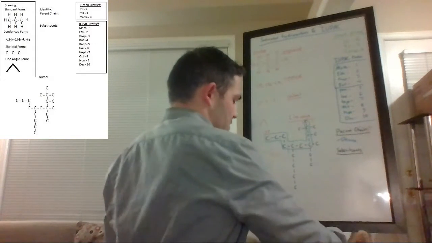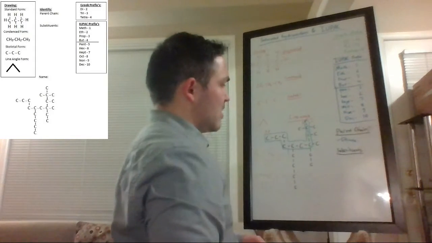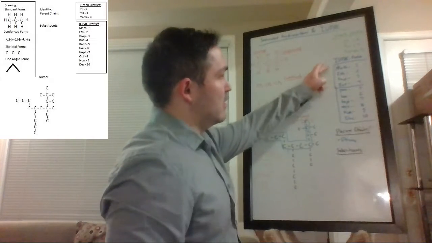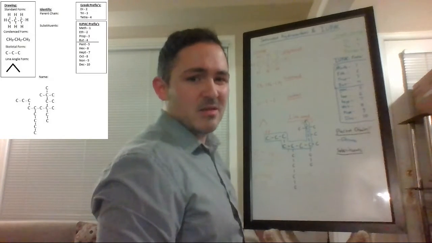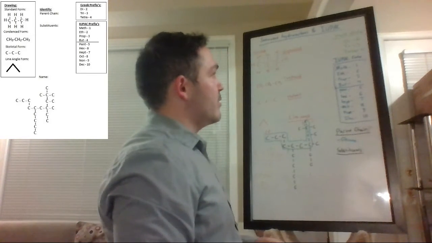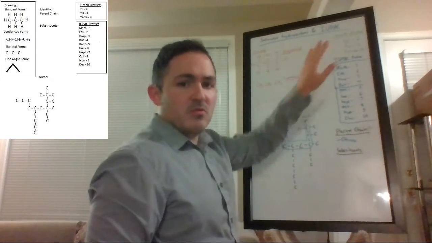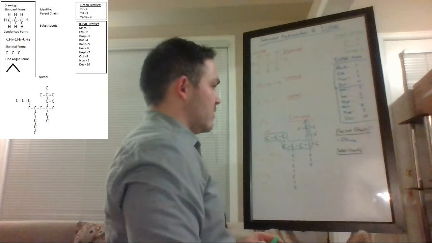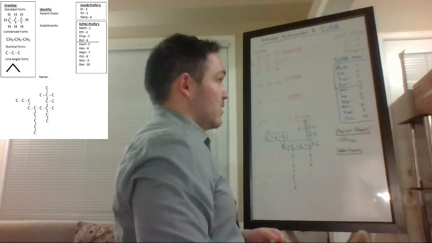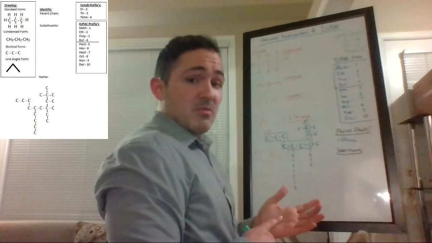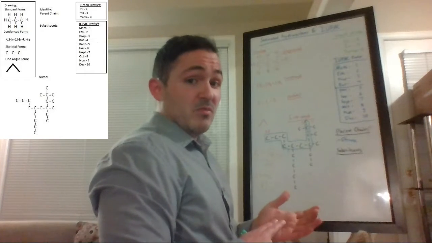Okay? So we've got a few things here. Any group that has just one carbon coming off of it, that's going to be a methyl group. Now, what we want to remember is that you've got these Greek prefixes up here. So Greek prefixes are basically going to let us know, is it going to be a single group that's branching off? Is it going to be more than one group that's branching off?